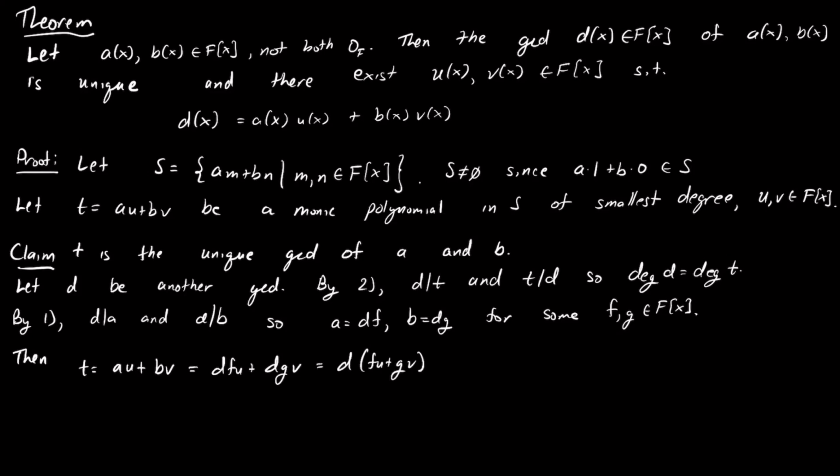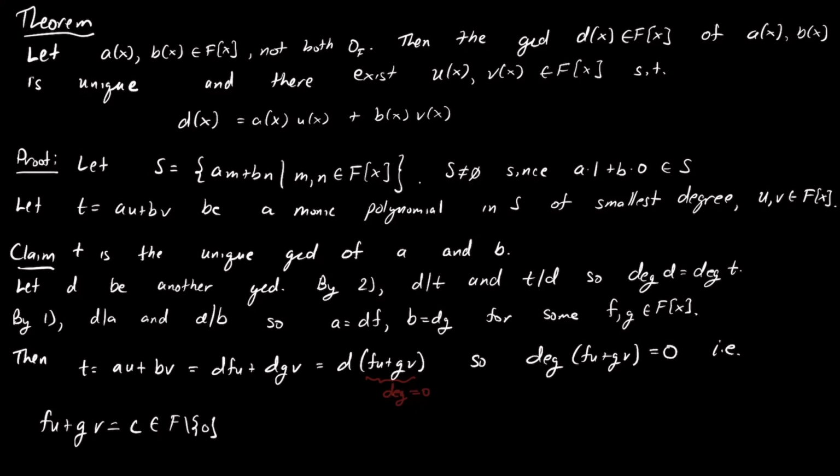And now the idea is that T and D have the same degree, so the degree of FU plus GV has to be 0. In other words, FU plus GV is equal to a constant, and this constant is some non-zero field element. So FU plus GV has to be a constant.